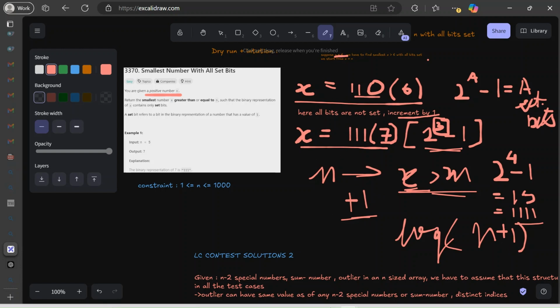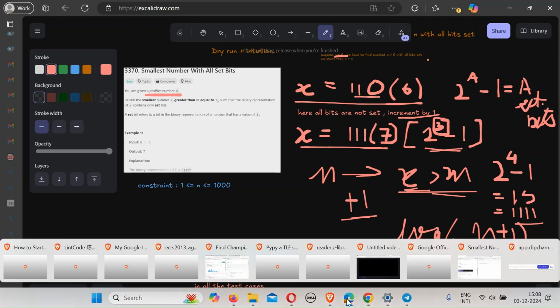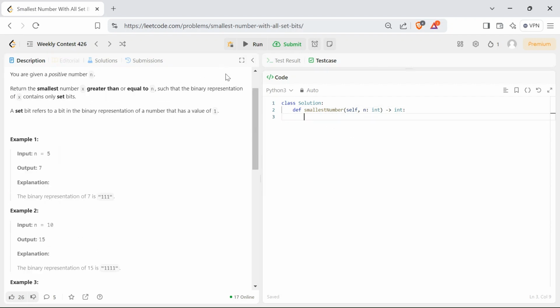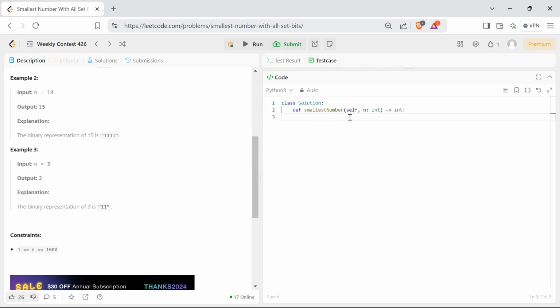Let's write out this code now. Start from a equals 1. While true, this is an infinite loop.